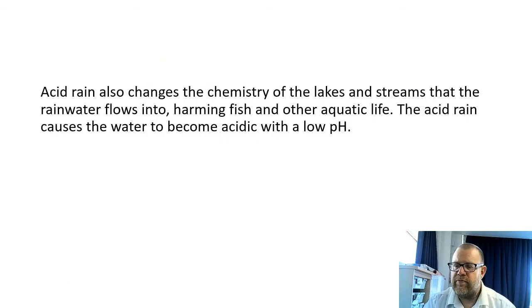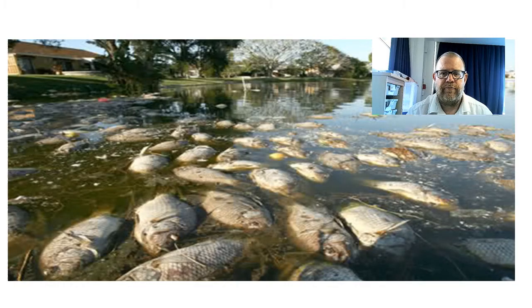So, as we mentioned previously, acid rain also changes the chemistry of the lakes and streams. So it harms the fish and other aquatic life. They can't withstand the acidic conditions and the low pH that is now there. Again, this is quite an extreme case, but you can see this is what can happen.